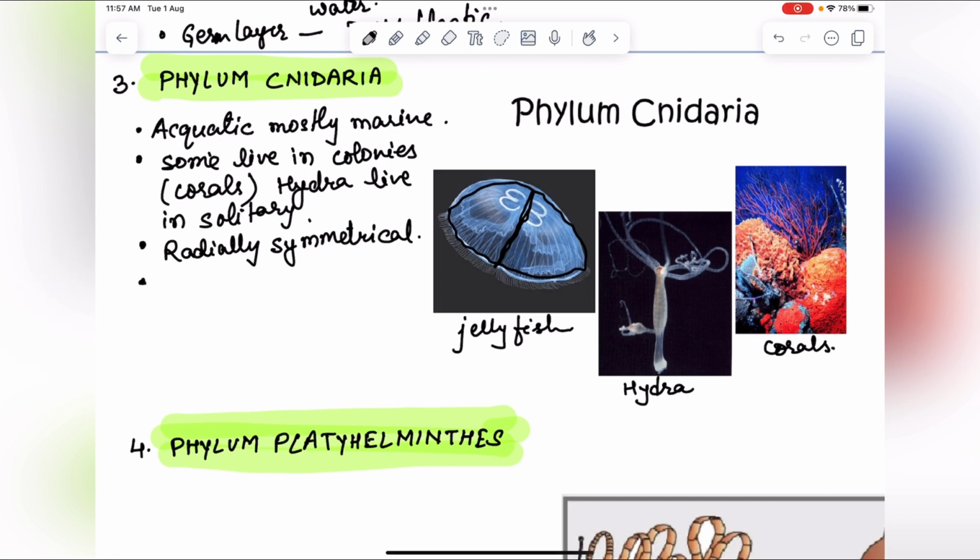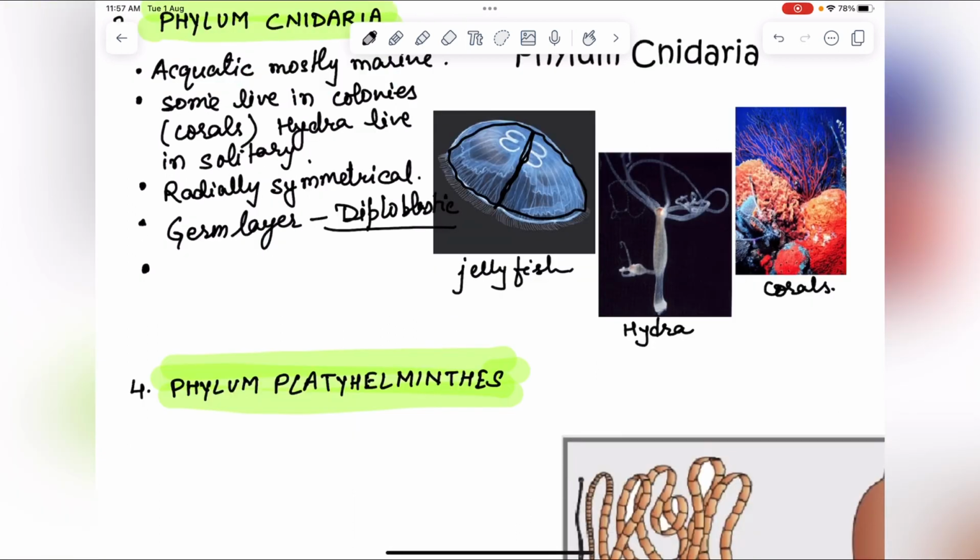And fourth point is they are diploblastic. Germ layer is diploblastic. The level of organization in this is tissue level of organization. In this, the digestion is incomplete because they lack anus.